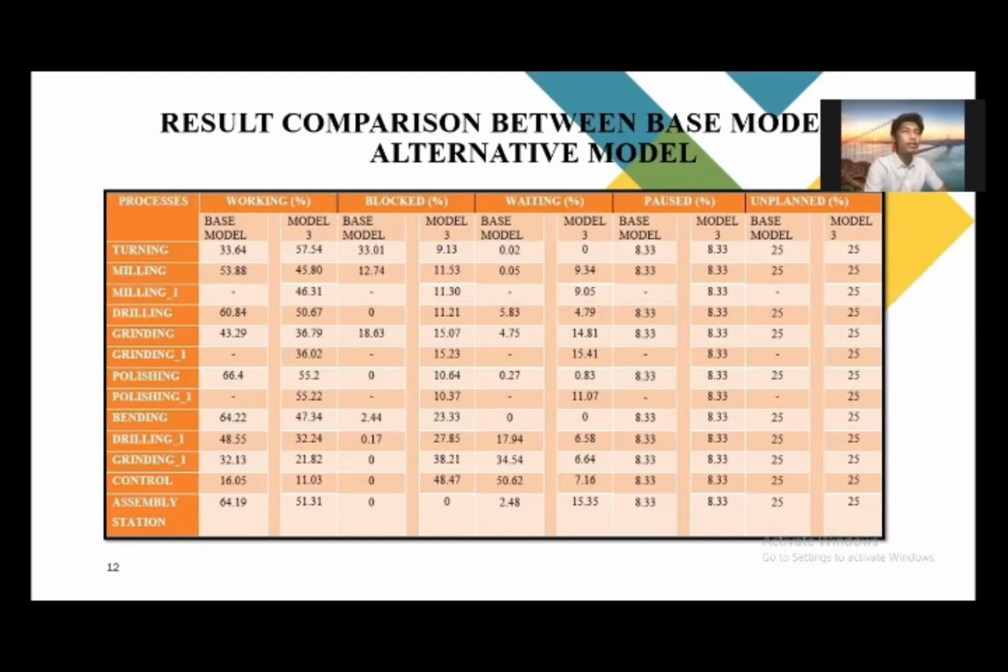For waiting percentage, comparing the base model and alternative model 3, some are higher and some are lower. The paused percentage and unplanned remain the same for both the base model and the alternative model.